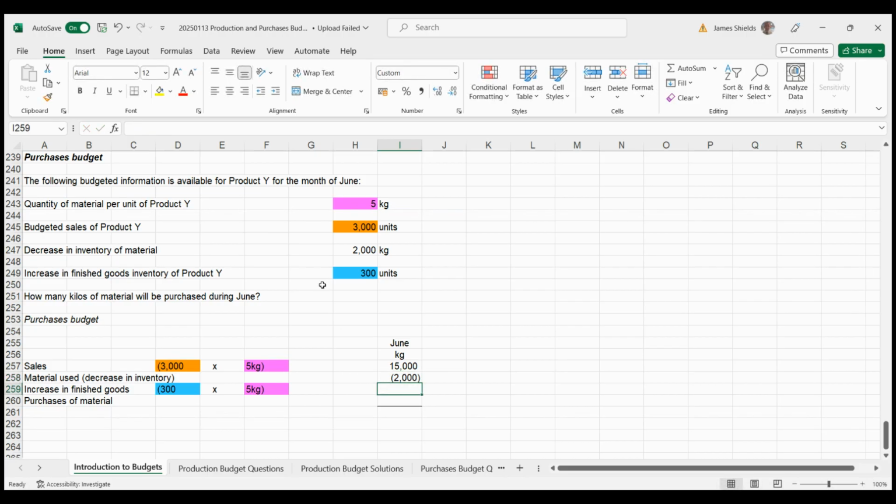Increase in finished goods. So increase in finished goods is 300 units, and it's 5 kilograms per unit. So 300 times 5 kilograms, that means we have to have an extra 1,500 kilograms. So the purchase of materials then for June will be the three combined together, and that'll be 14,500 kilograms.